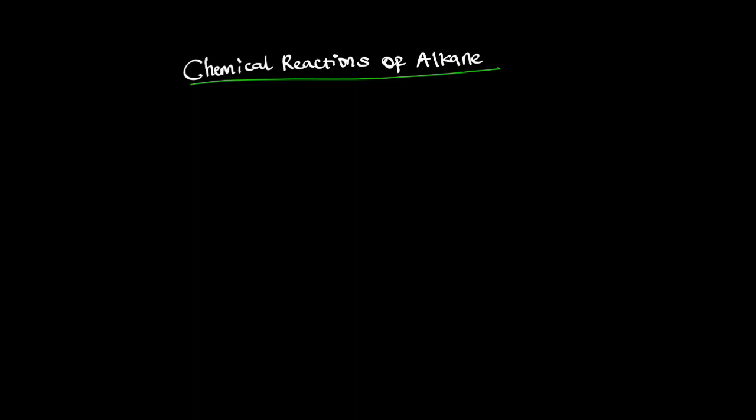So I'll be talking about just the 3 main important ones you should take note of. And the first one is oxidation reaction, or combustion, whichever one you wish to call it.